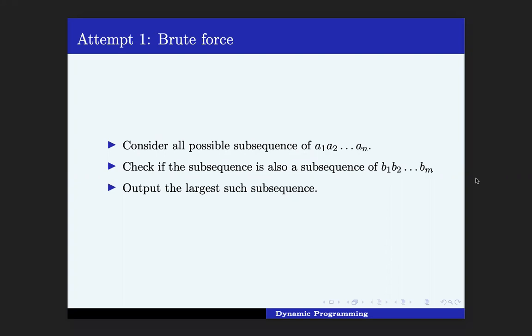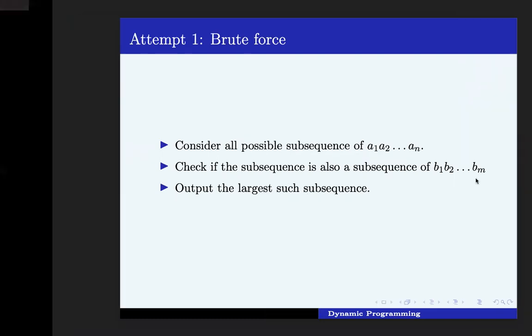So if I guarantee you that, here is the sequence, and either this sequence is a complete subsequence of B1 to Bn or not. This thing you can check easily by doing the same brute force kind of technique.